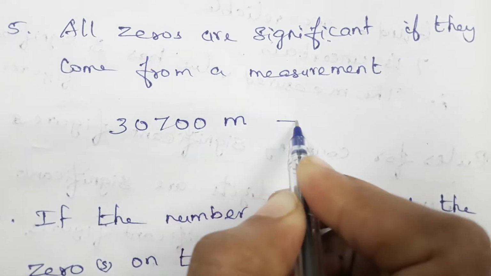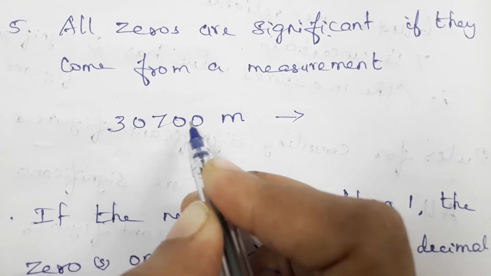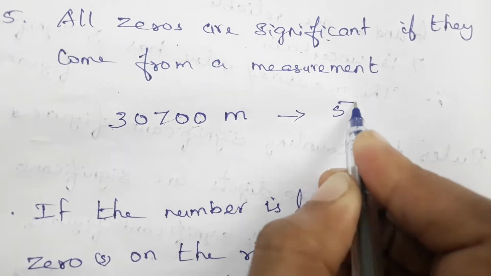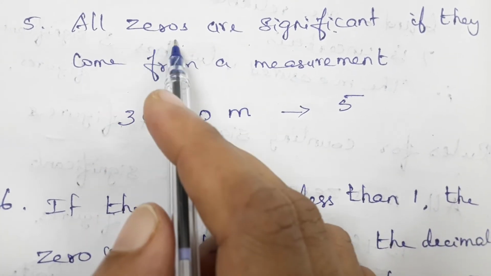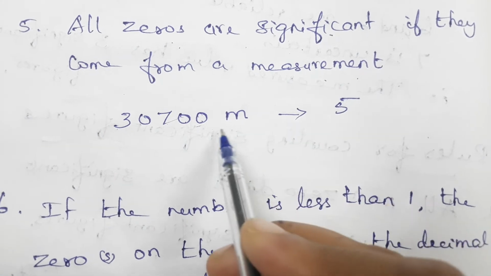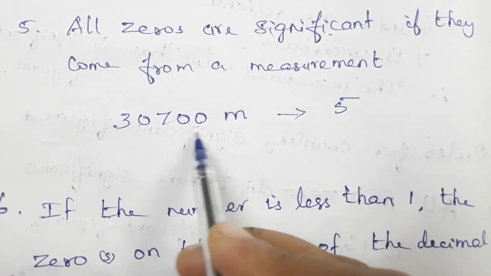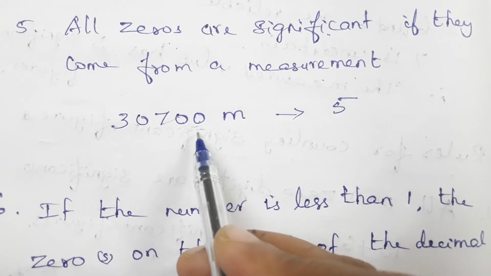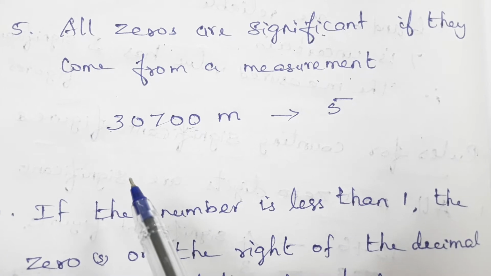How many significant figures for this number? 1, 2, 3, 4, 5. So this has 5 significant figures. Here the meter shows us the measurement, so we can include these two zeros also.